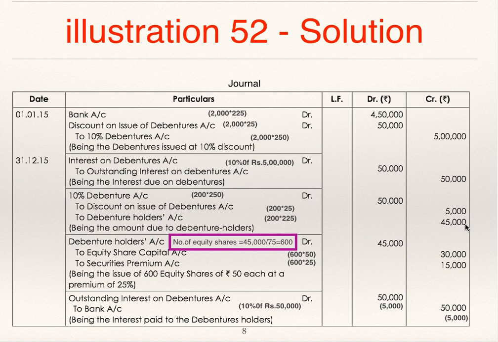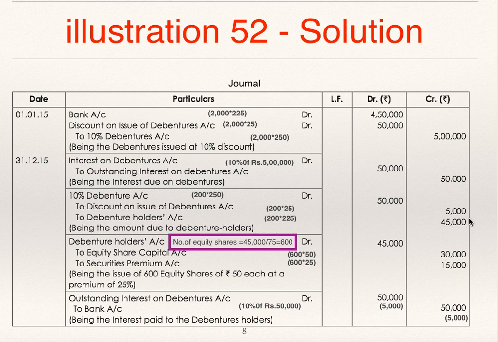Now if here instead of crediting discount, you pass journal entry 10% debentures to debenture holders and debenture holders to capital and premium, that means you are transferring 50,000 to debenture holders, and if this 50,000 is getting converted into share capital, the meaning of this is company is issuing shares at discount, which is not allowed as per Companies Act 2013.